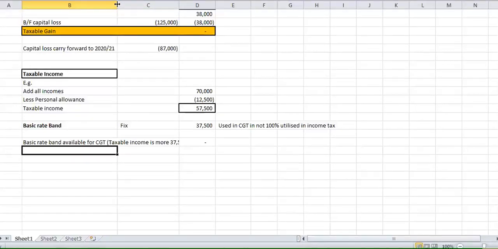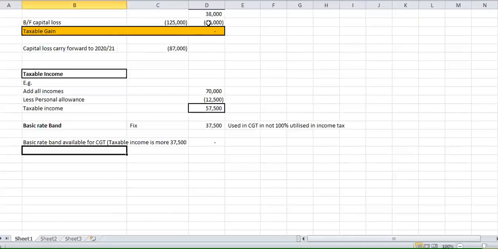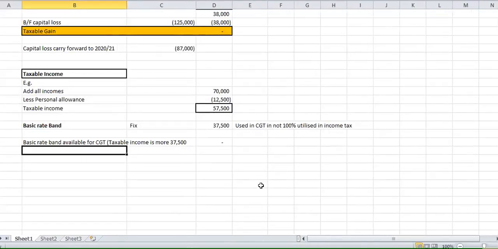Because our income is more than 37,500 pounds, this band has been fully utilized in the income tax. So the basic rate band is not available for the CGT, and the lower rate of tax is not applicable in the CGT. Ibrahim, obviously, you will always first utilize your basic rate band in the income tax. If it is unused in the income tax, only then you can utilize it in the capital gains tax.